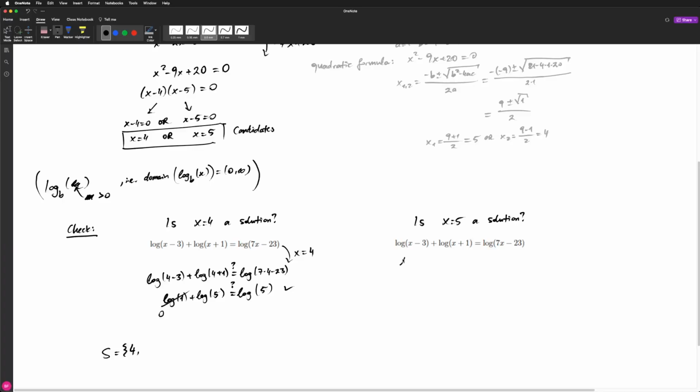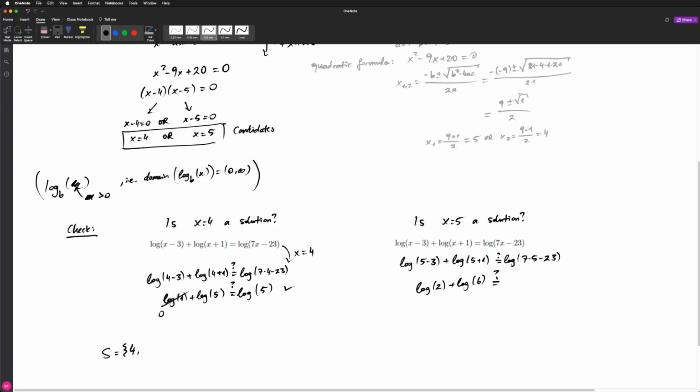Is 5 a solution? Logarithm of 5 minus 3 plus logarithm of 5 plus 1, is it equal to logarithm of 7 times 5 minus 23? So that's common log of 2, since 5 minus 3 is 2, plus common logarithm of 6, since 5 plus 1 is 6.